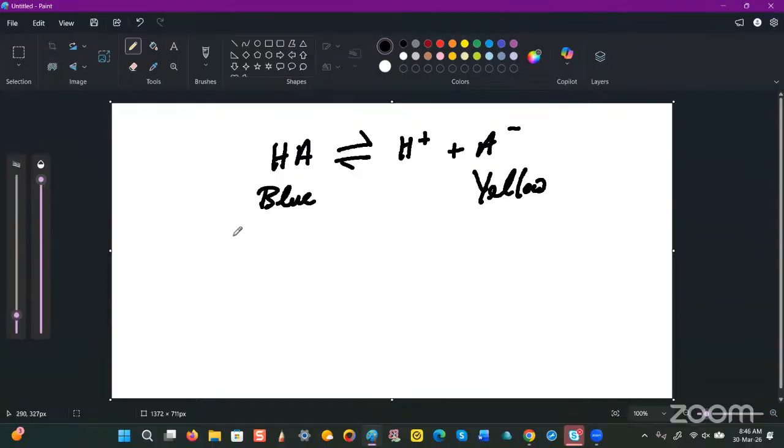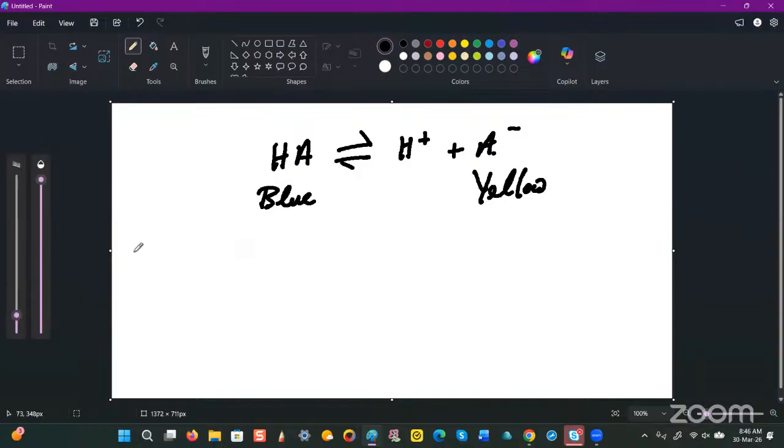So if you have more HA present compared to A minus, then the overall solution will be blue. If you have more blue molecules compared to the yellow conjugate base, the solution will be blue. If the reverse is true, if you have more anions, A minus, compared to HA, then the solution will be yellow. So you can push the equilibrium one way or the other by adding the appropriate acid or base.